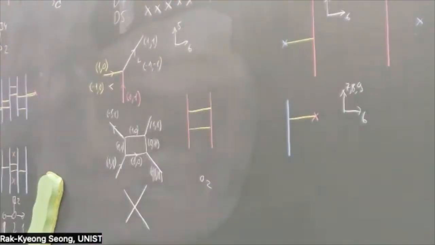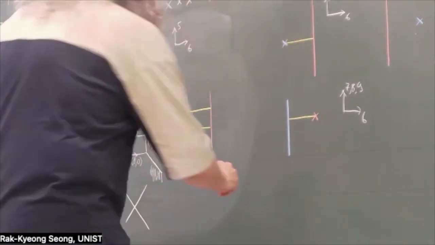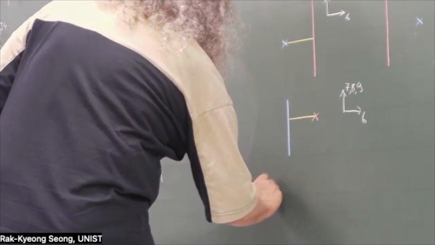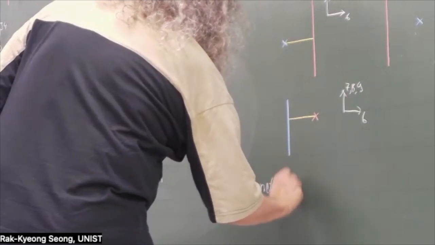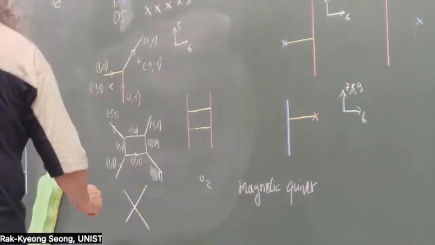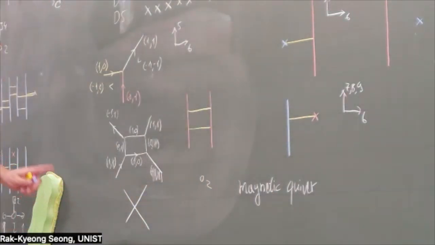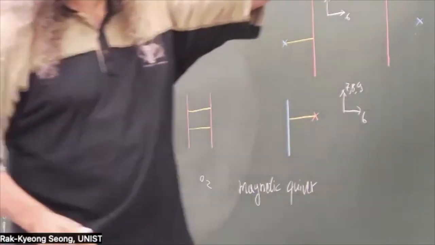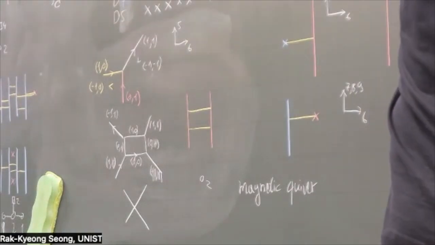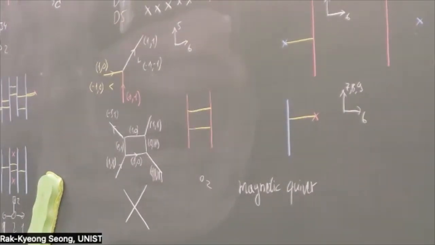Next thing I will do is to compute the magnetic quiver. Magnetic quiver is, as I said before, D5 between D7.